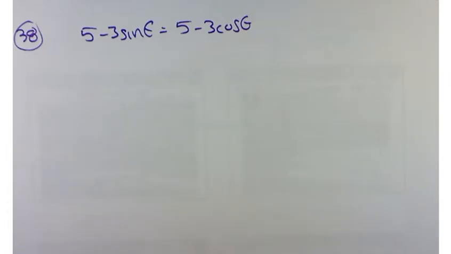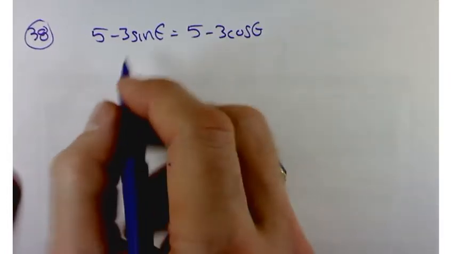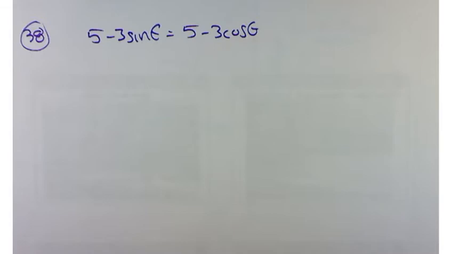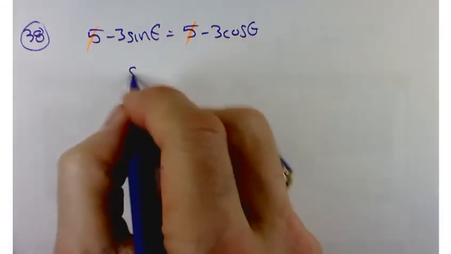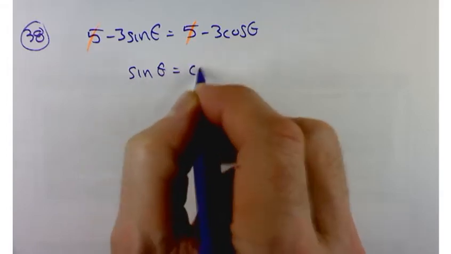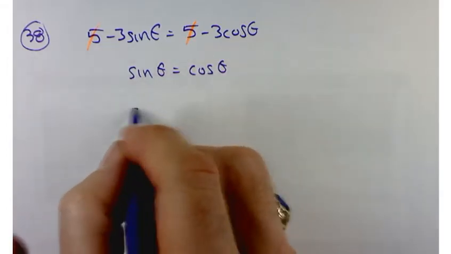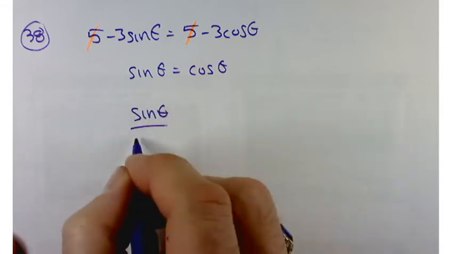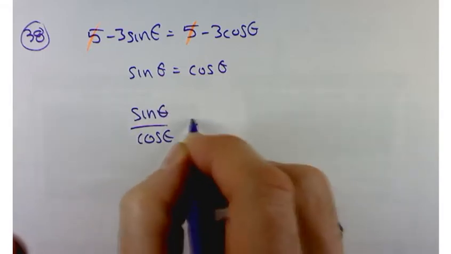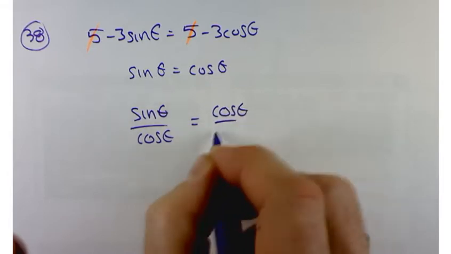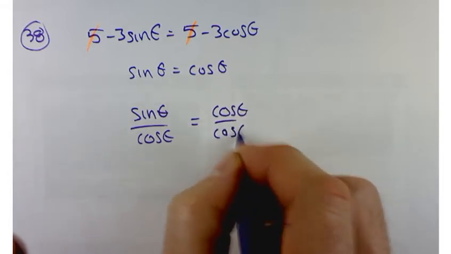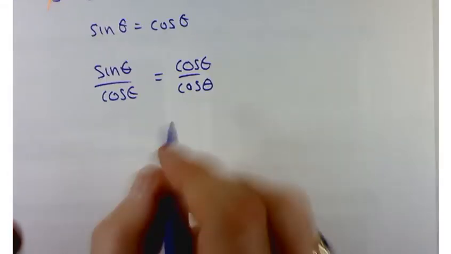Unfortunately, you're not going to be able to factor and set something equal to 0. We can get rid of the 5s right away. We can also divide out by the 3 and get sine of theta equals cosine of theta. The trick in this that I teach my trig students is if you divide both sides by cosine of theta, then you get something at least reasonable on the right-hand side, and that is a 1.